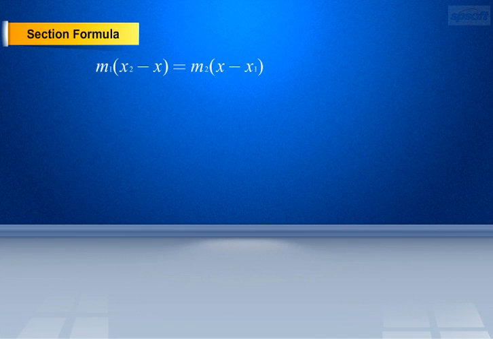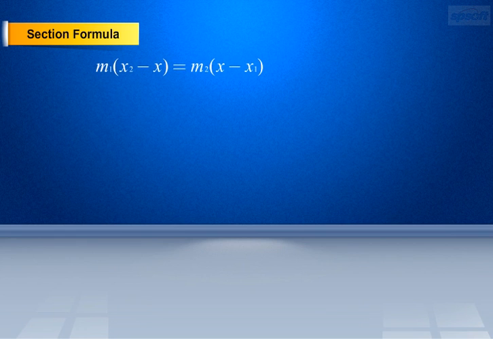Now consider m1 divided by m2 equals y minus y1 divided by y2 minus y. By cross multiplication we get m1 into (y2 minus y) equals m2 into (y minus y1). m1y2 minus m1y equals m2y minus m2y1.